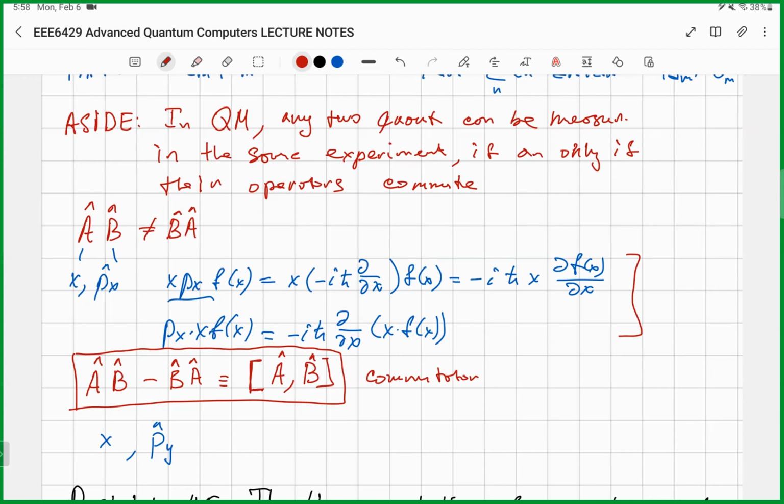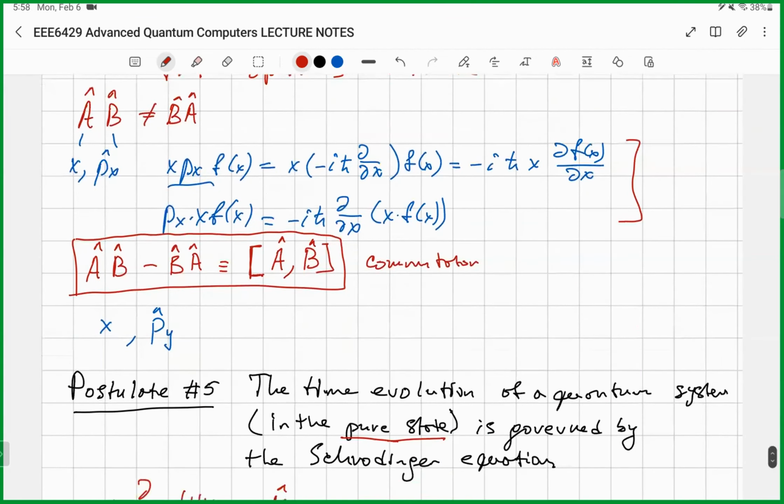But this is not always the case. For example, if you consider another projection of momentum, for example to axis y, and you measure your coordinate x and momentum py, then their operators commute.